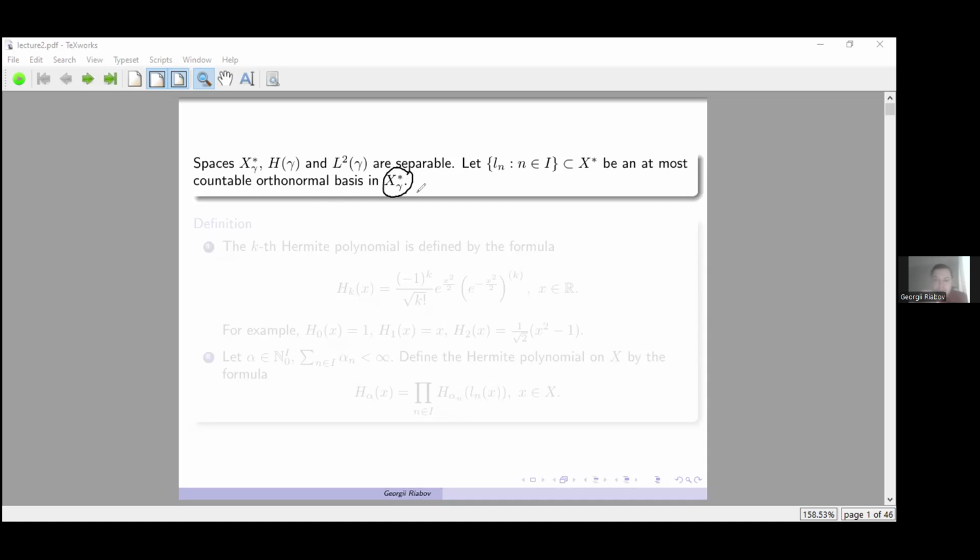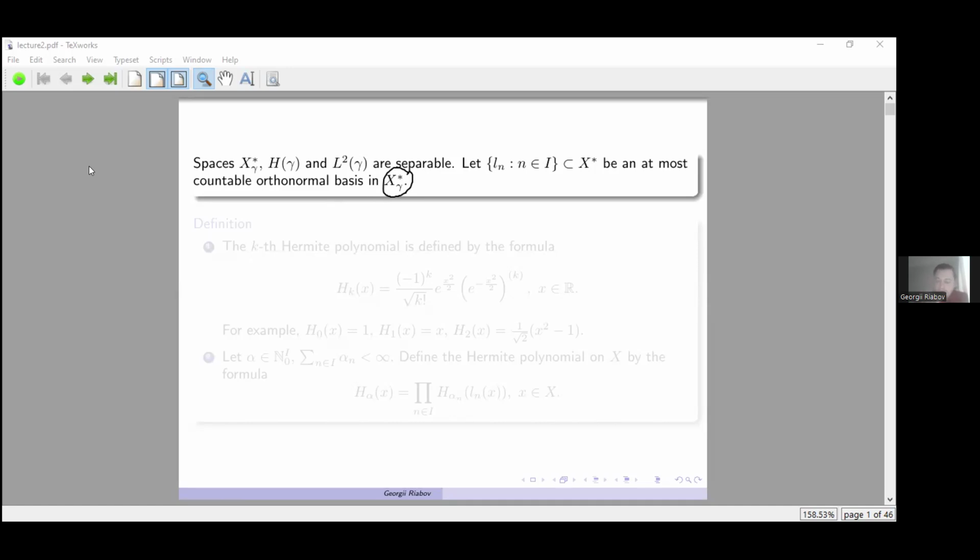Okay, and since this is a closure of the dual space, we can choose this orthonormal basis to consist of continuous linear functionals.